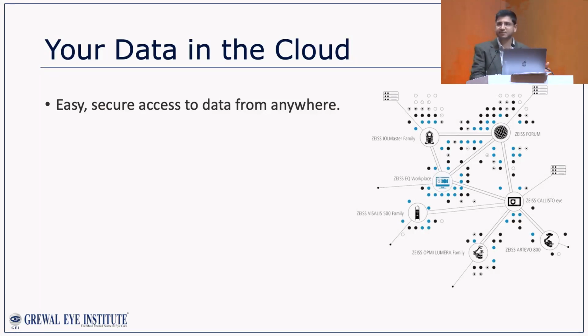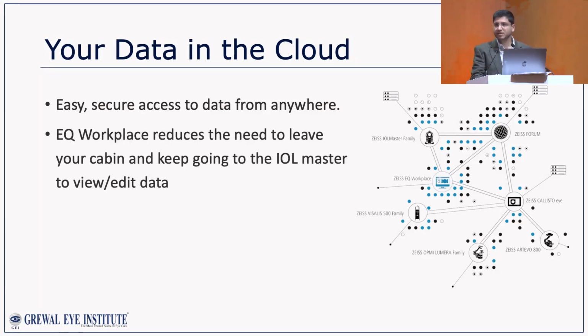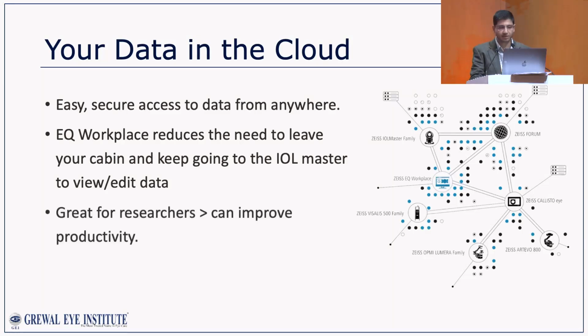You can access this from anywhere, on your phone, in the clinic, at home, on the computer if you want to go over your list for the next day, look at all the patient parameters. You can easily edit anything without having to actually leave your clinic OPD and go to the biometry room. You can do all that from your own clinic, your own chamber. It's great for researchers because, again, you can access and retrieve this data no matter where you are.